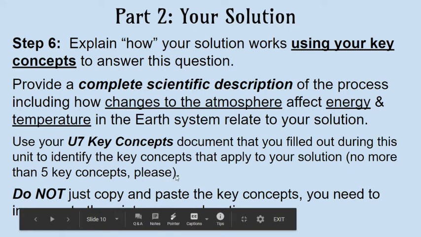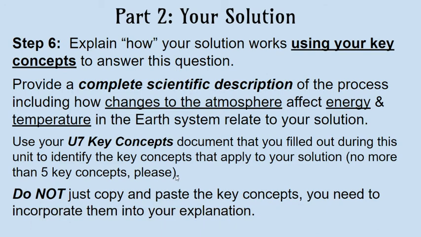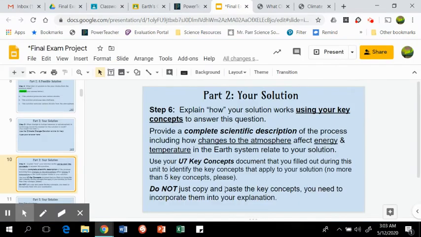You don't have to use all 15 of them, but you are explaining how your key concepts support your solution. Do not just copy and paste the key concepts. You need to incorporate them into your explanation, okay? I am going to show you how to copy and paste, but you're not just copying and pasting key concepts.